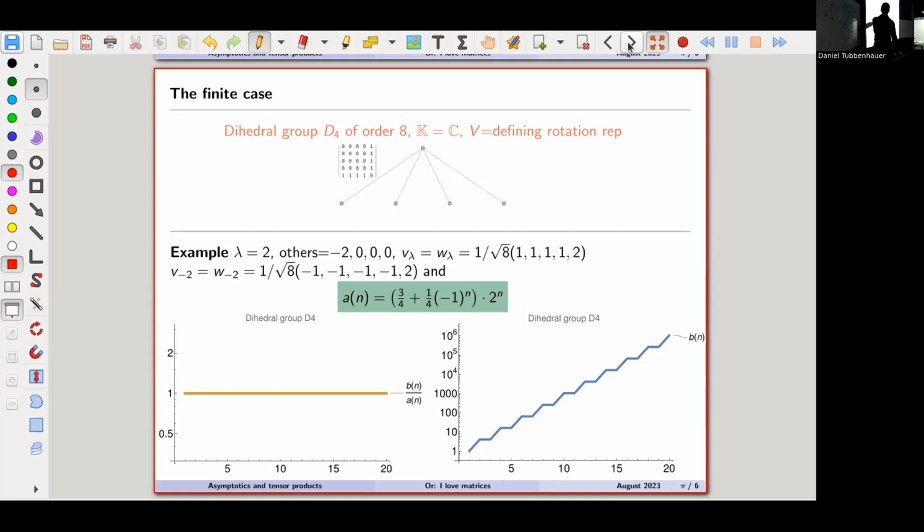And what you need to do here, and that's the only other special case you need, is this: the eigenvector for 2, which is the overall growth rate, kind of competes with its counterpart -2, and you need to correct for that by taking the eigenvector for -2 as well.